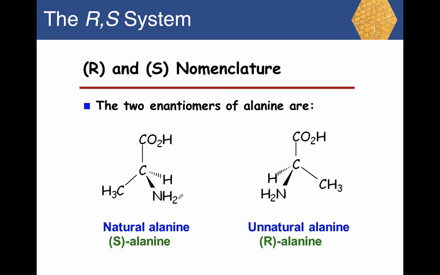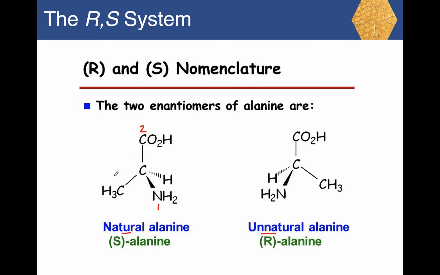So let us look at the naturally occurring amino acid and the unnaturally occurring amino acid. And the difference is the arrangement in space. So let's see if we can make the assignments. We know this is 1 because nitrogen has the highest atomic number of these 4 atoms. We know this is going to be 2 because this is a carbon which is bonded to an oxygen.